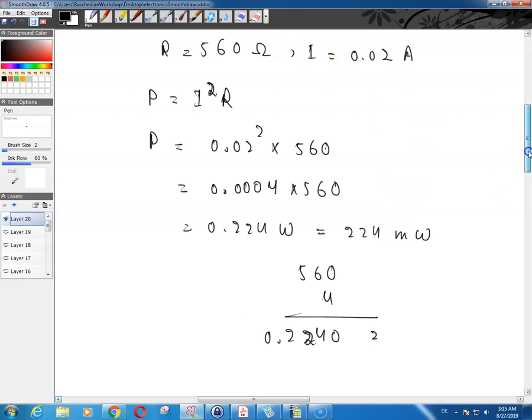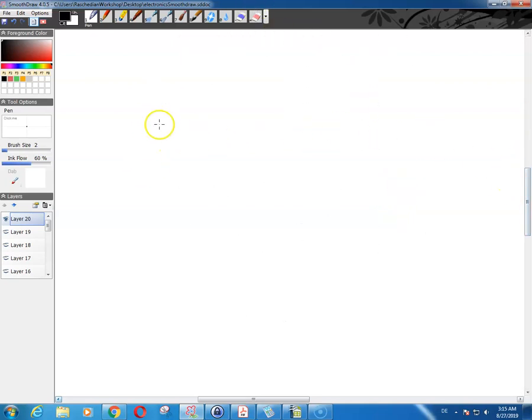If you have a voltage of 1 volt and a resistance of 2 ohms, then we said that P was also equal to V squared over R. So that's equal to 1 squared divided by 2, which is equal to 1/2 watt.